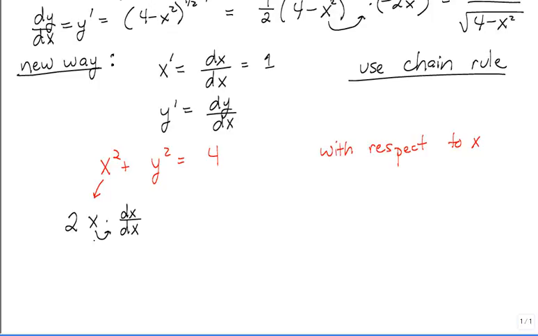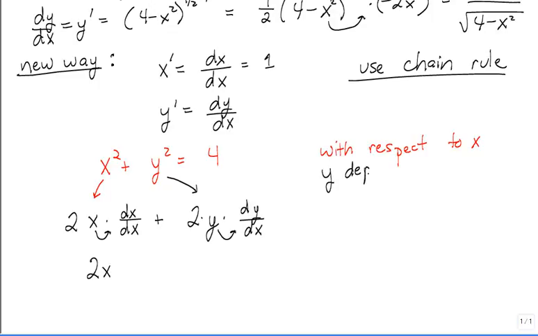Okay, so that's normal, because we know the derivative of x squared is 2x. dx dx is 1. Take the derivative of y squared. Well, that's going to be, bring the 2 down, that's the chain rule. Leave the inside alone, subtract 1, come back, take the derivative of the inside. This time it's dy dx. Take the derivative of y with respect to x.